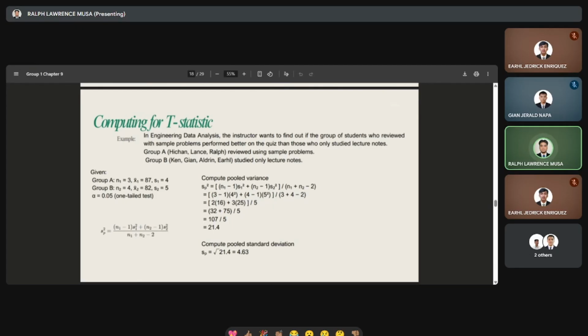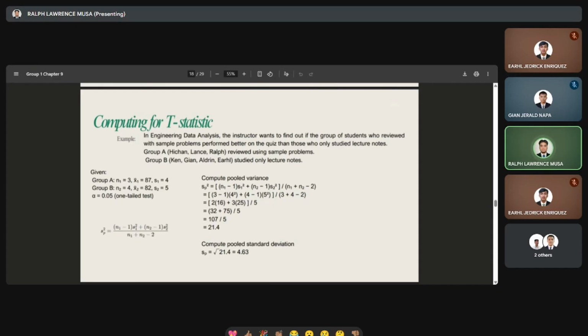For another example, in engineering data analysis, the instructor wants to find out if the group of students who reviewed with sample problems performed better on the quiz than those who only studied lecture notes. We have two groups, A and B. For group A, the members are Hee-chan, Lance, and Ralph, who reviewed only using the sample problems.